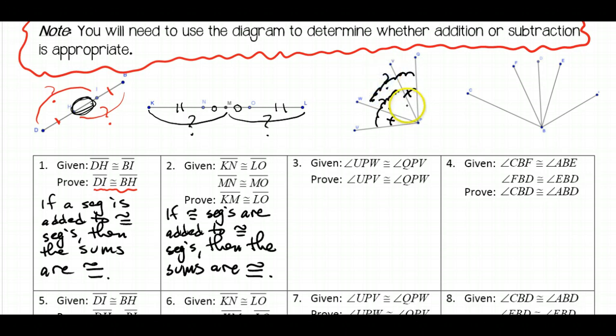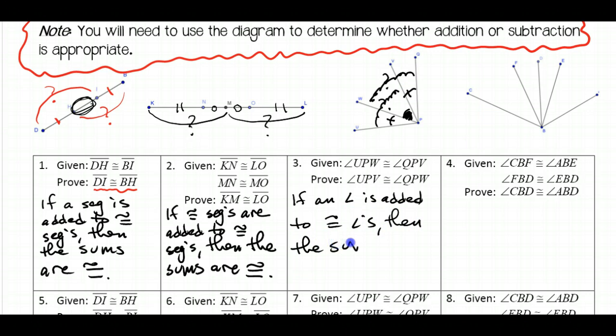So I can see that I have this angle in the middle that I'm going to add to the angle on the bottom and add to the angle on the top to get the larger angles. So this would be if an angle is added to congruent angles, then the sums are congruent.